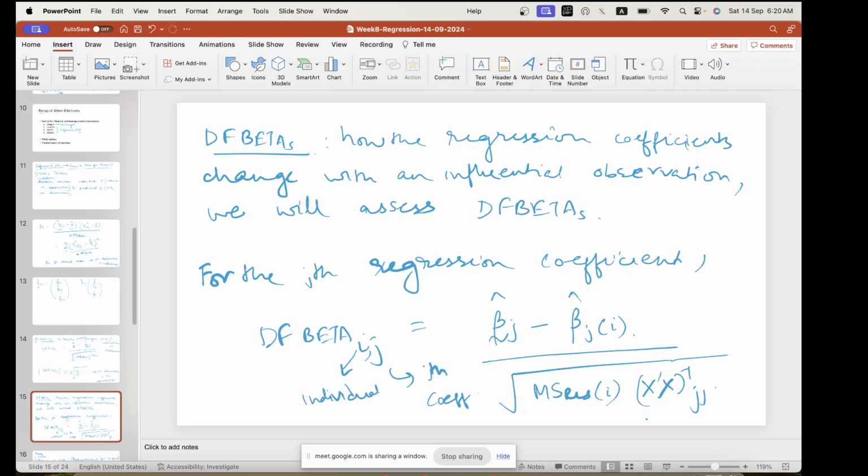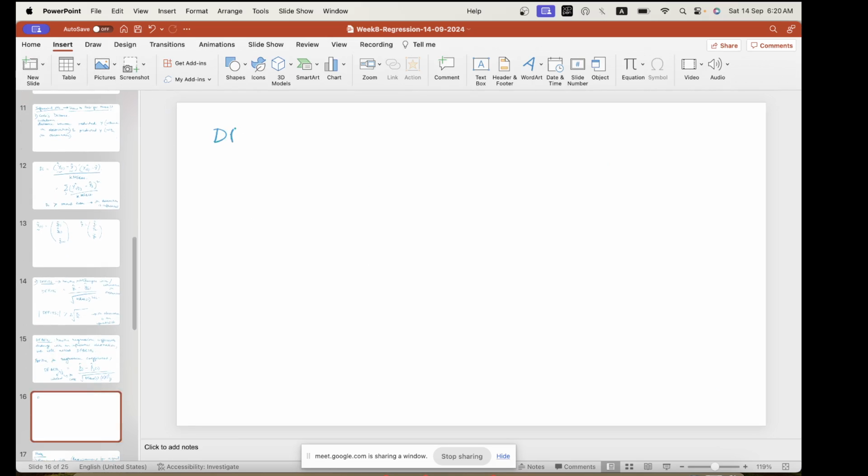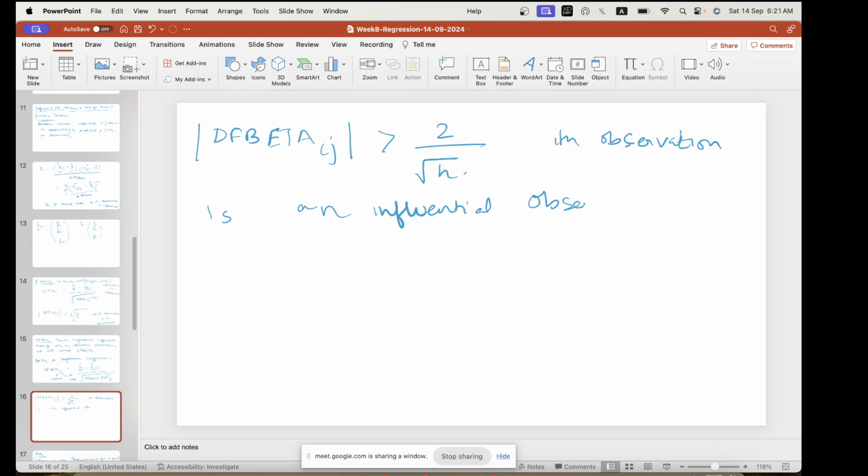And if we see that the absolute value of DFBETAS ij is greater than 2 by root n, then we can say that this ith observation is an influential observation.